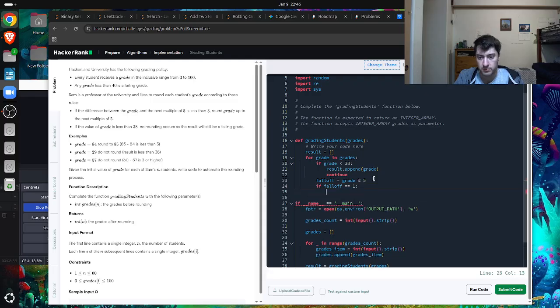Then result.append and then grade plus that 1, right? Oh wait, no, this is going to be if this is 4, because now we're at the 4.